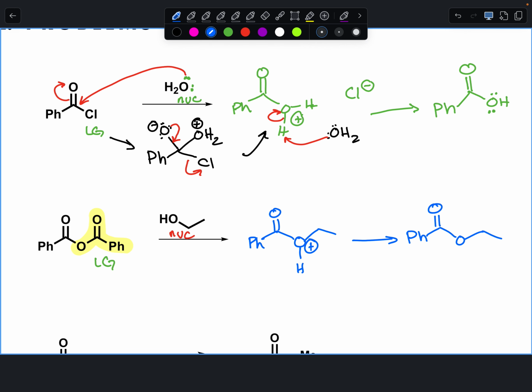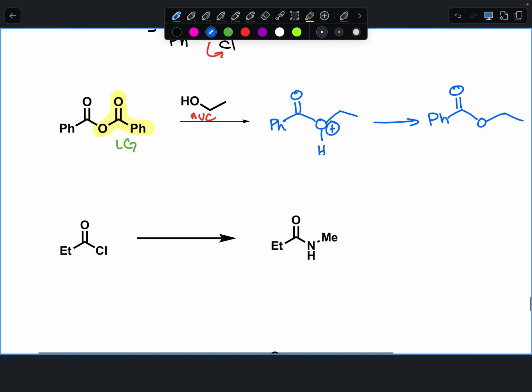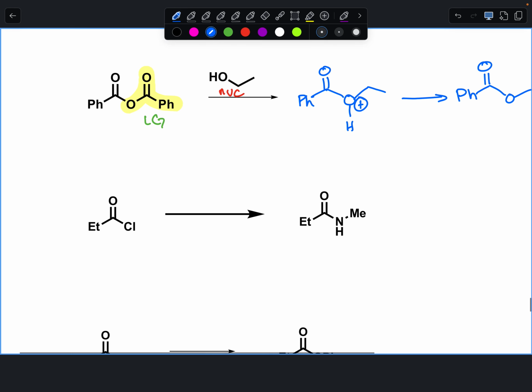Okay, so we're going to talk about, first of all, why we can pull this random proton off the alpha position. Generally speaking, sp3 hybridized carbons are not acidic. Do you guys know what the pKa is of an sp3, like an ethyl group? What pKa range-ish? 20? Keep going.